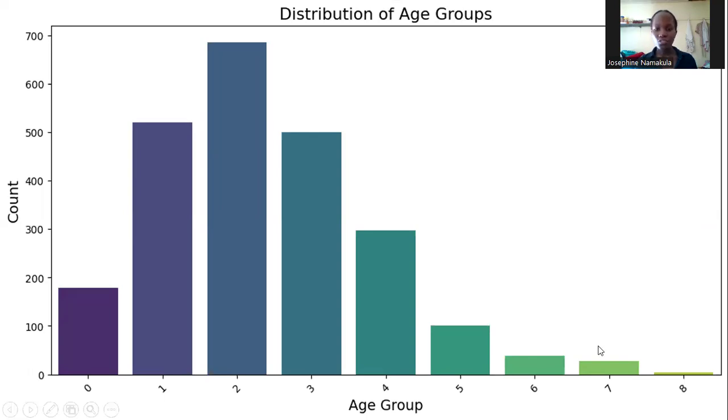Again, this data is showing that it is left skewed. We plotted the distribution of count against age groups. You can see that most of the age groups are located here in 2, and the least are here.